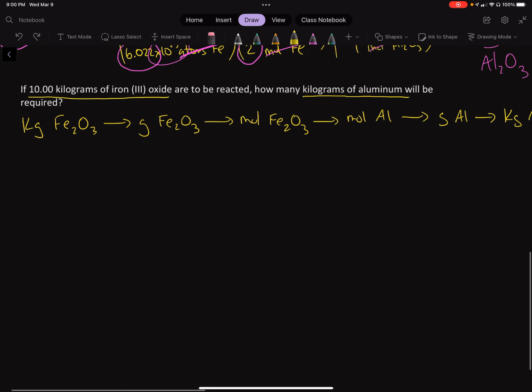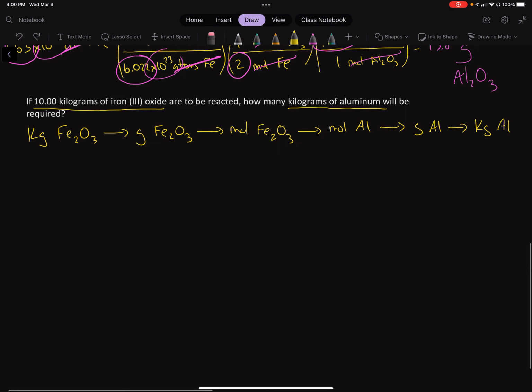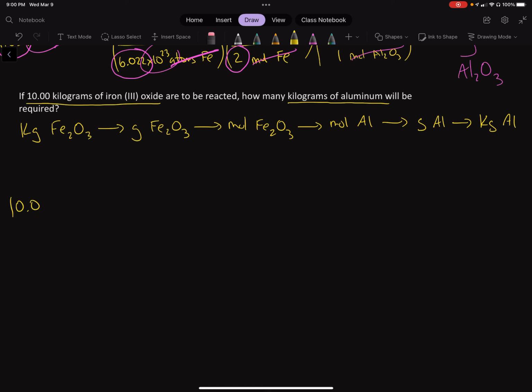Now the first conversion and the last conversion, just to kind of give a hint, those are going to kind of cancel each other out, and I'll show you once we get it all set up. But let's just start off with 10.00 kilograms of iron 3 oxide. So the first conversion, we got to go from kilograms to grams.